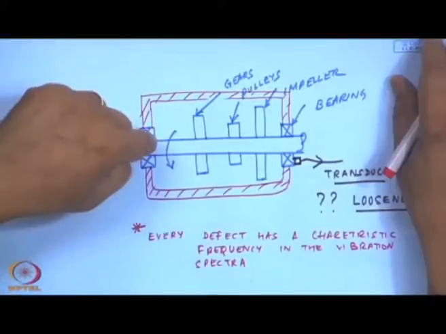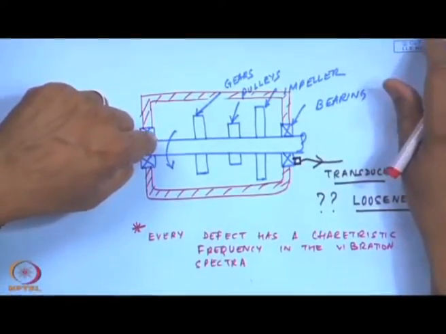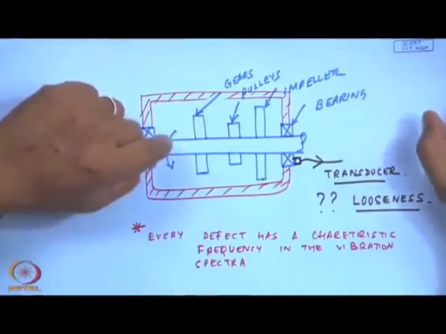We'll talk about fluid machineries, particularly fans, blowers, pumps, turbines, how the vane pass or blade pass frequency shows up in the frequency spectra. Similarly, the question is what happens because of looseness and then how do we detect them.